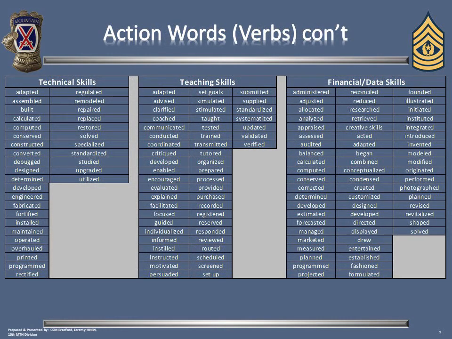If you look at the communication and people skills and how those relate to the areas that you're assessing, there's a group of different words there that you can use as action words. Same with the research and skills. You have your technical skills, you have your teaching skills, and then just general data, financial skills.